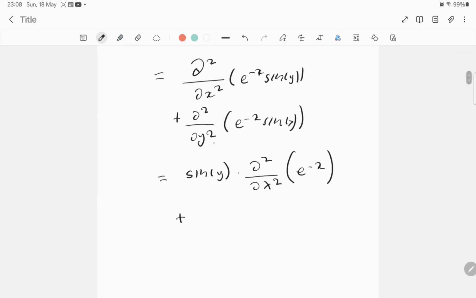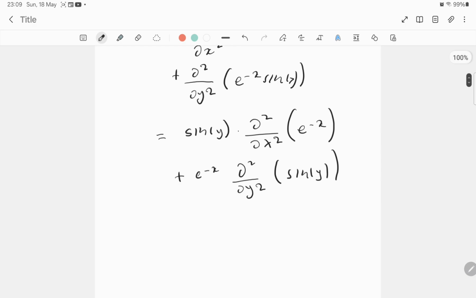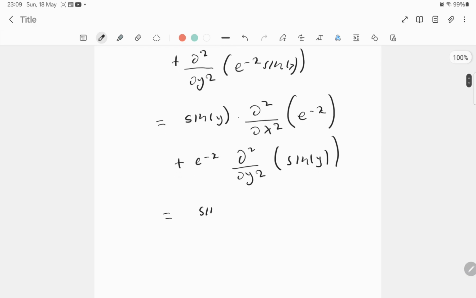And now here I take the partial derivative with respect to y, so the e to the minus x will go outside of the partial derivative. Okay, I take the second order partial derivative of the exponentially decaying function.